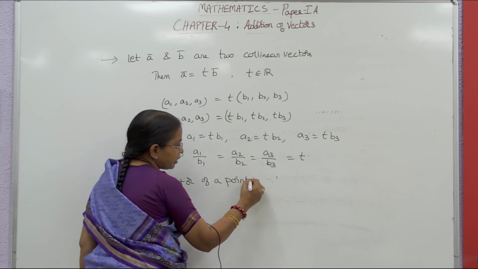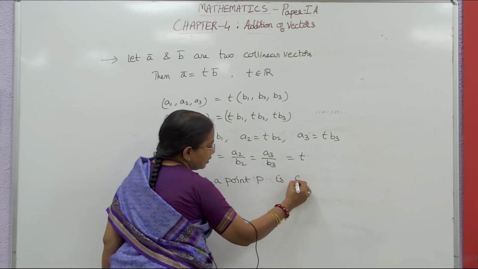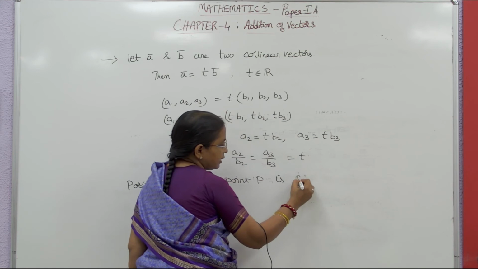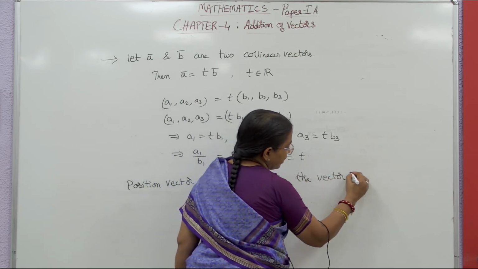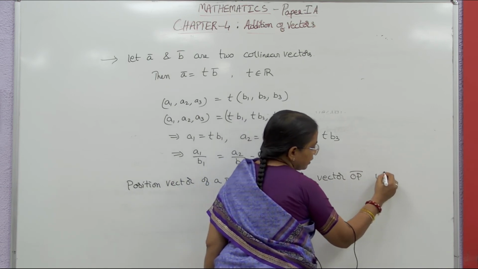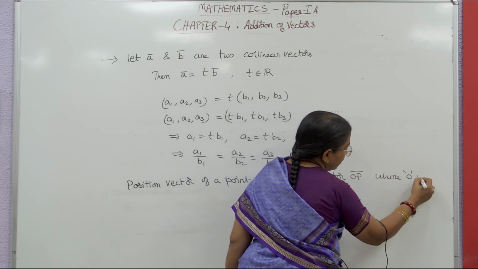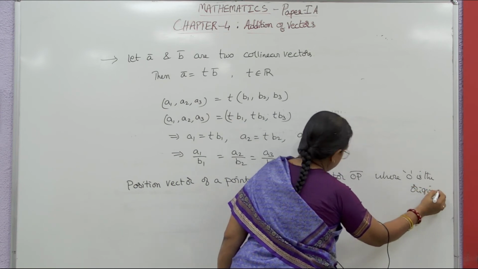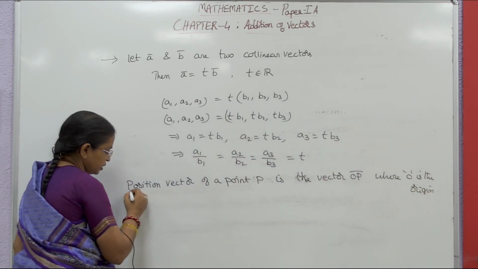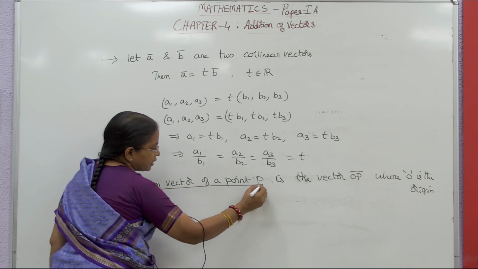The position vector of a point P is the vector OP, where O is the origin. That is the definition.